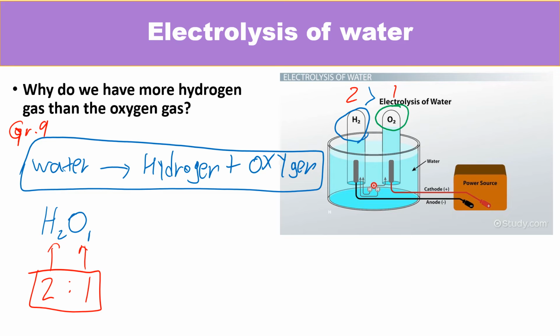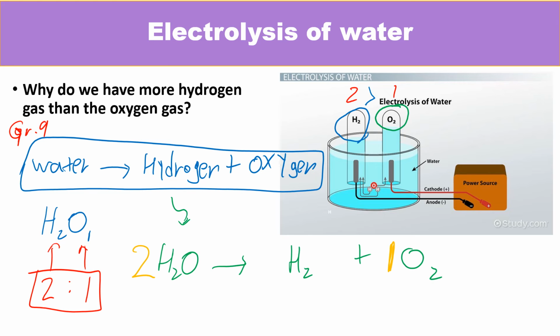On the other hand, as soon as you go to grade 10, you will learn about balancing, which is not that far away from what we did anyway. H2O, water, turning into H2, hydrogen, and O2, oxygen. Can you see that the left side and right side are not balanced? The reason being is oxygen, I have only one of them on the left side. I should have two on the other side. So what we do is we put 2 in front of water. Then 2 times 1 gives you 2 oxygen.